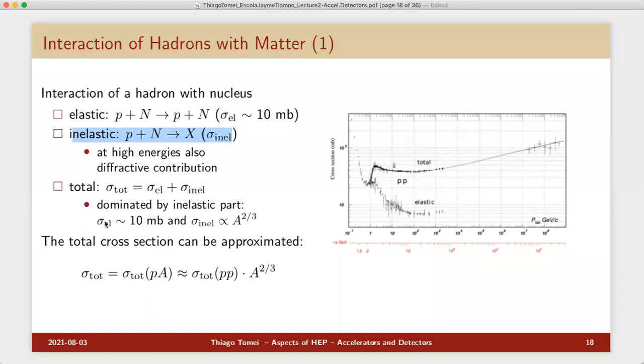And it turns out that with some approximation, the inelastic cross-section goes up with something like the atomic number to the 2/3 power.